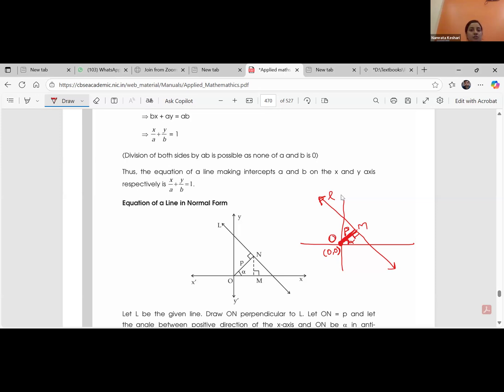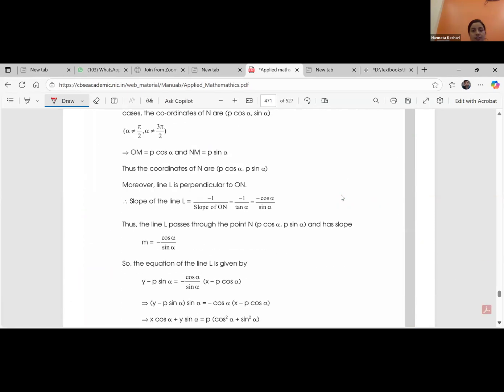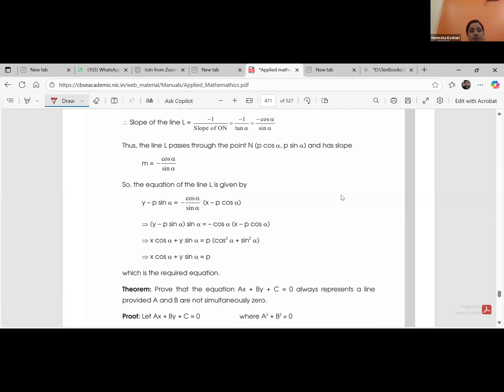Then the equation is x cos alpha plus y sin alpha equals P. We will not see the proof directly, we will just write it: x cos alpha plus y sin alpha equals P is the equation of a line in normal form. Here you just need to understand what P is and what alpha is. X and Y you are not going to touch. Only P and alpha you need to understand, so that when the values are given in the question, you will be able to put them in here.